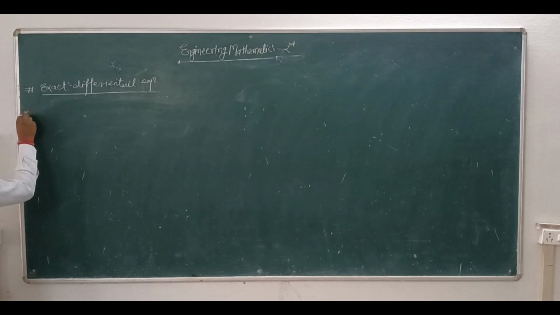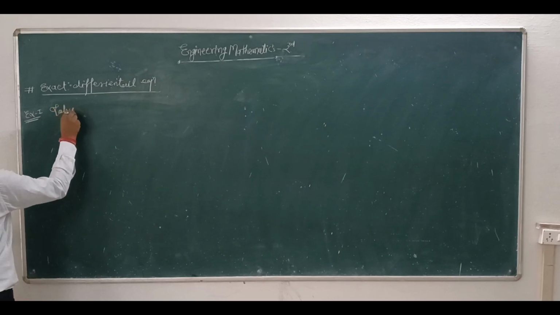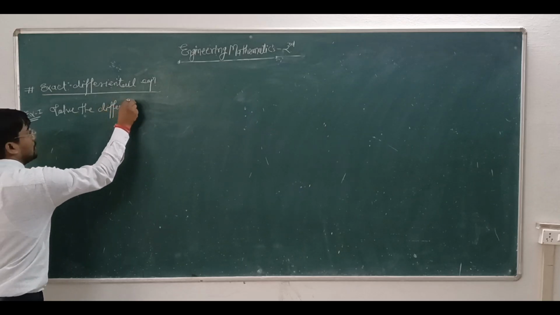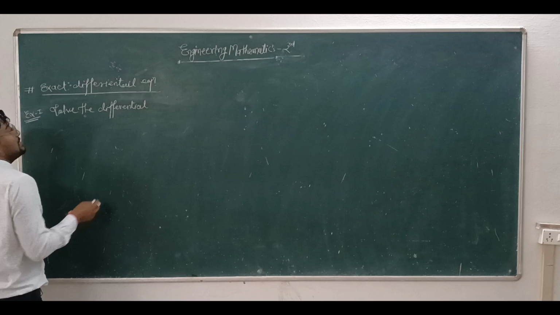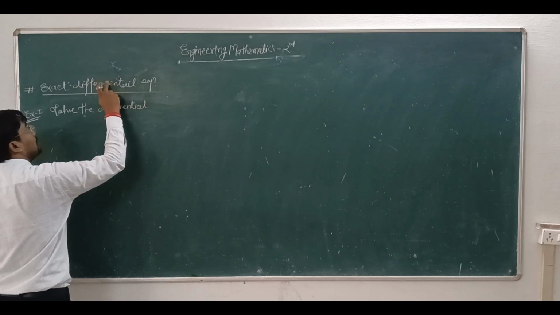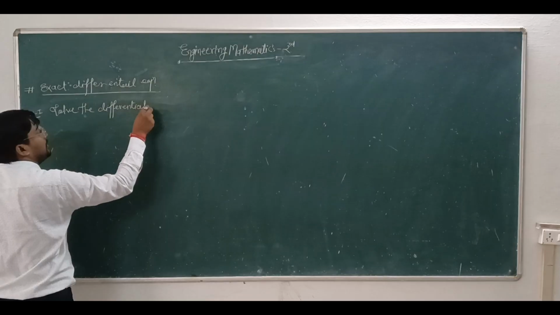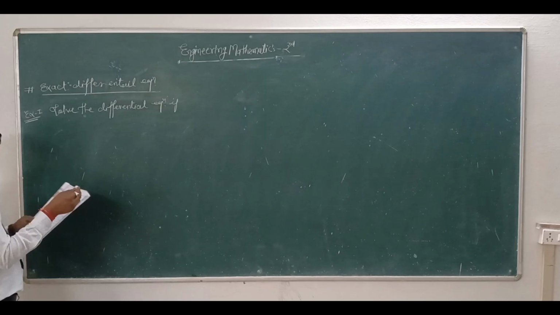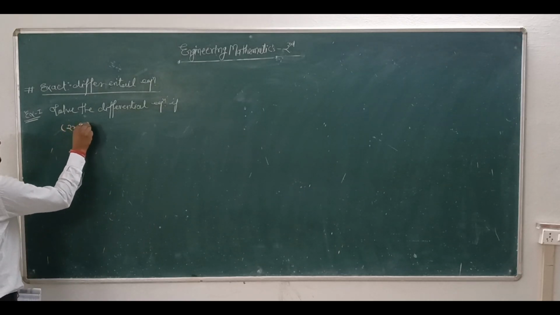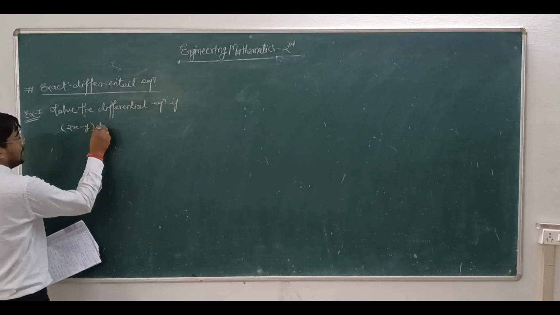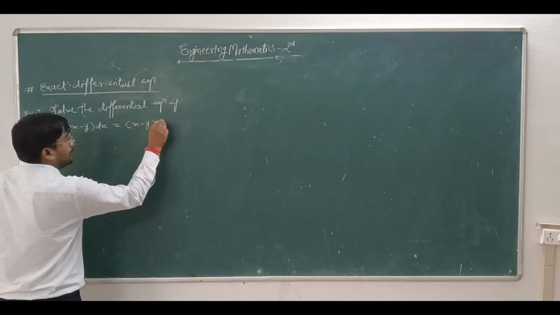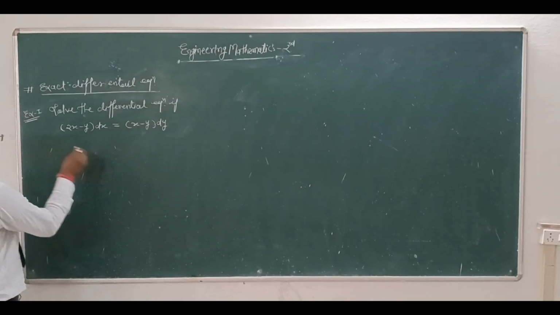Numerical number first: solve the differential equation, you can note down, (2x minus y) dx is equal to (x minus y) dy.